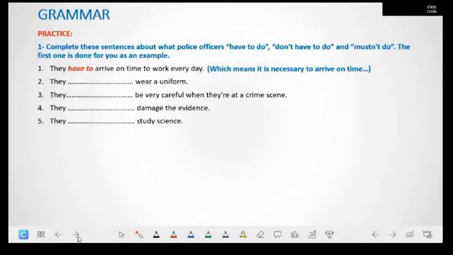So number one, I have to arrive on time to work every day, which means it is necessary to arrive on time. Okay, so you have 4 sentences. I need to fill in the blanks with either have to, do not have to do, and mustn't do. All right, 5 minutes.